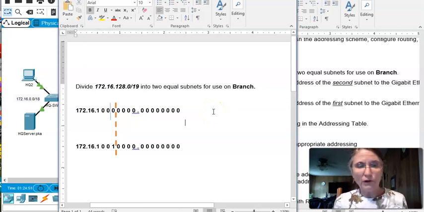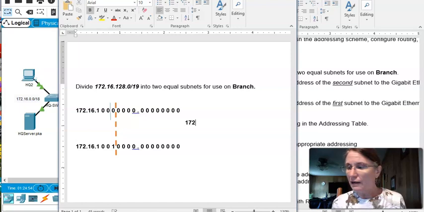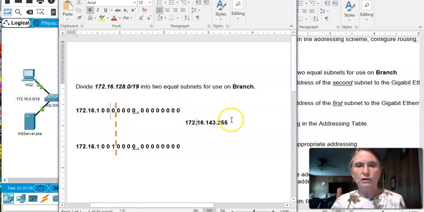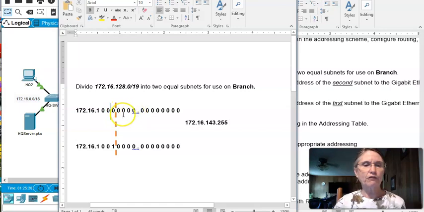That would end up creating an address of 172.16.143.255, and you can work that out in your mind by flipping these last 4 bits to 1 in this third octet.